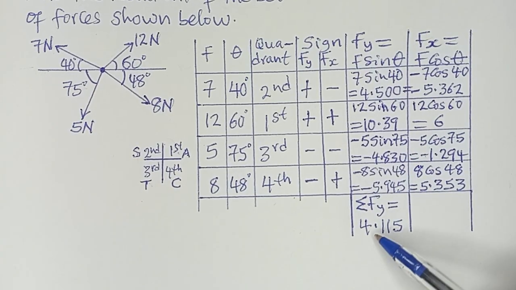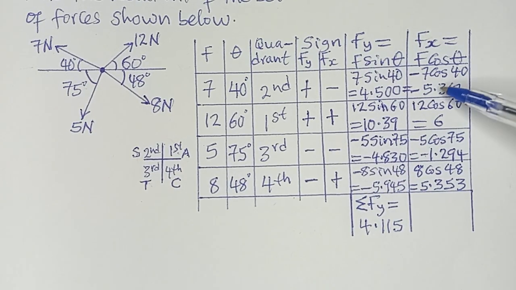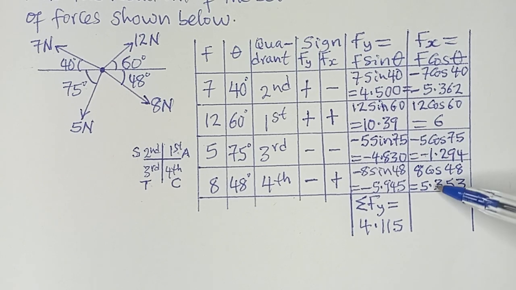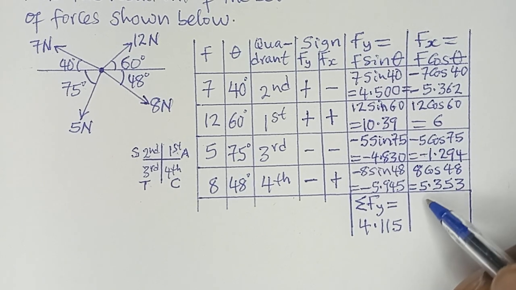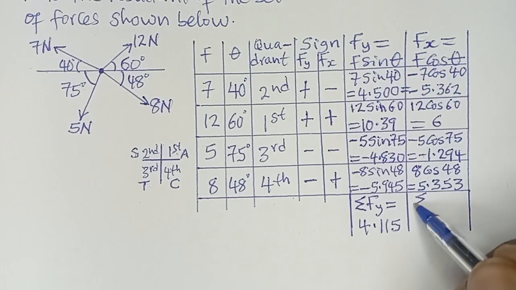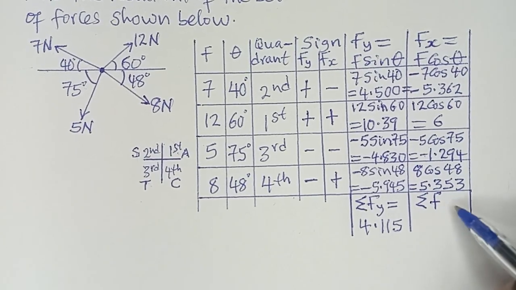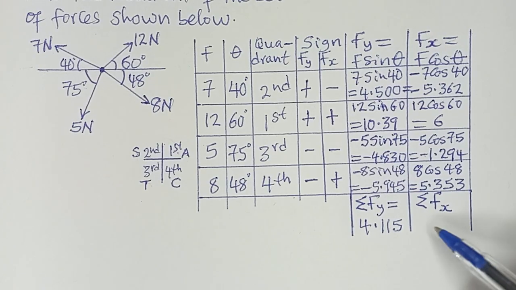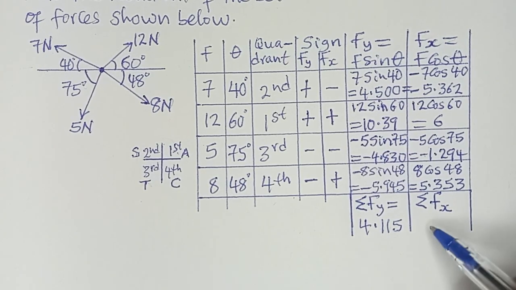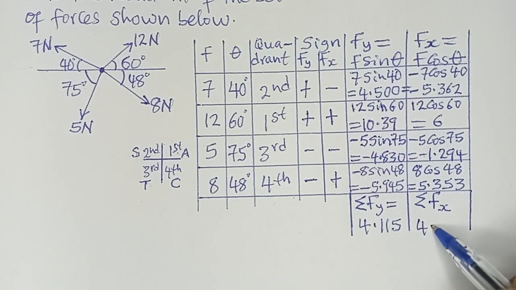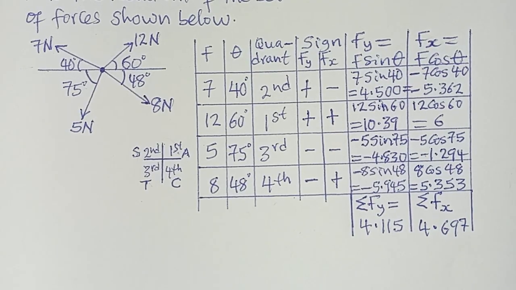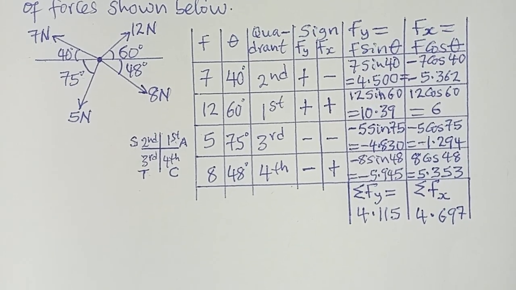Similarly, when we add all the horizontal components, the summation of f of x is 4.697.